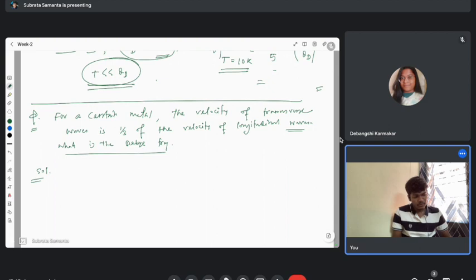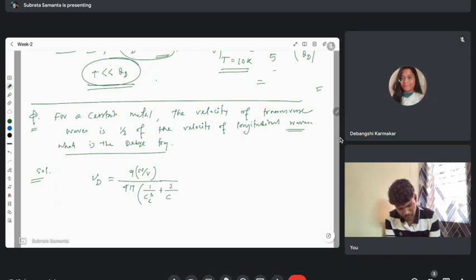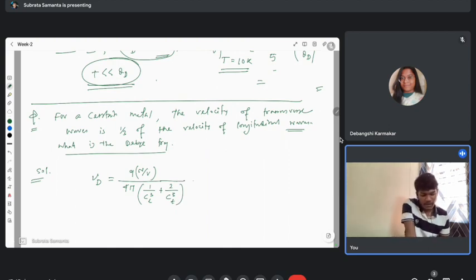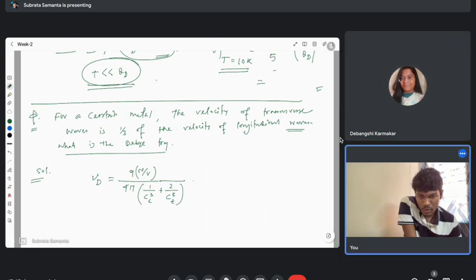Again, you know the formula. The Debye frequency is given by this expression.